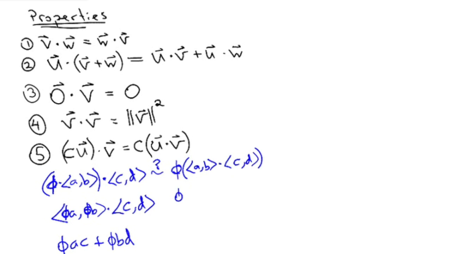You're going to get phi times (ac plus bd). And then when I distribute the phi, you get phi ac plus phi bd. Are they the same? Yeah. So because the answers are equal, the beginning is also equal, and the proof is done.